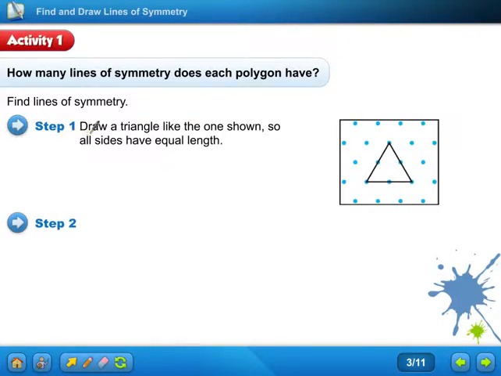So for this one, it says draw a triangle like the one shown, so all sides have equal length. Do you remember what kind of triangle that is called if all sides have equal length? Equal sides, equal length is an equilateral triangle.